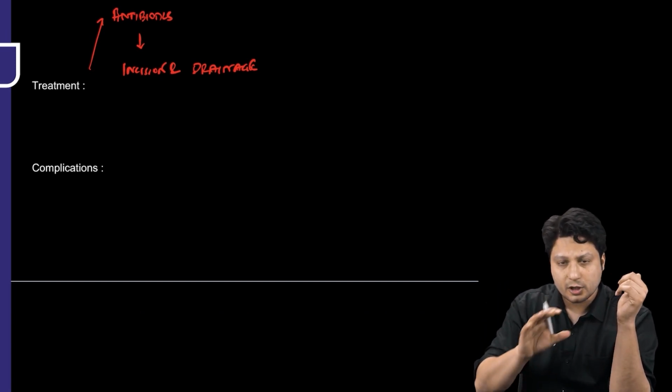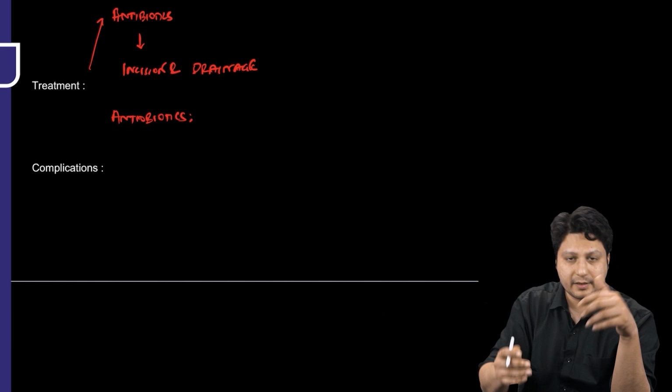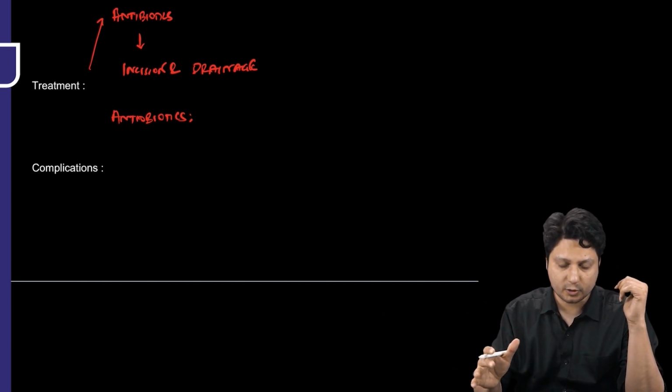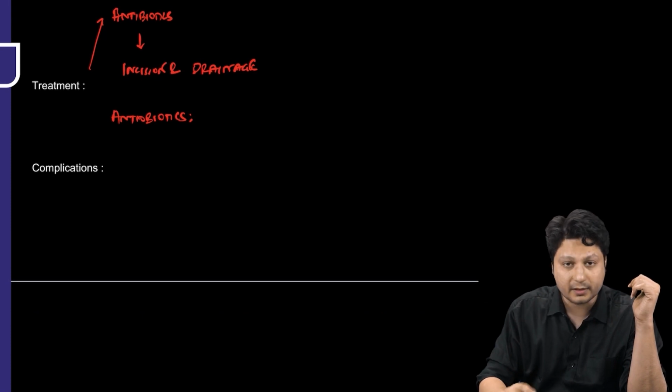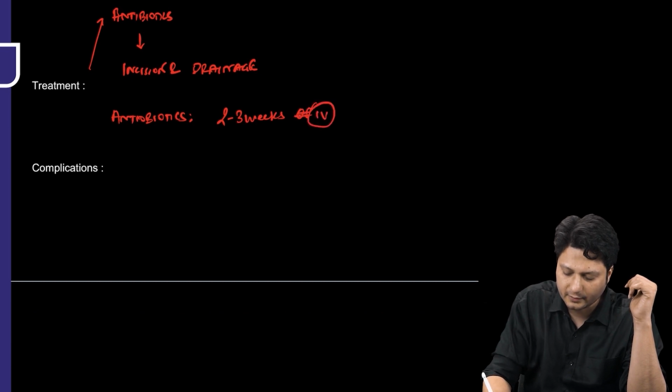Now, as far as the role of antibiotics is concerned, appropriate antibiotics are to be given after you get the pus culture sensitivity report. Those antibiotics are continued for a period of 2 to 3 weeks in the form of IV antibiotics and 4 to 6 weeks in the form of oral antibiotics.